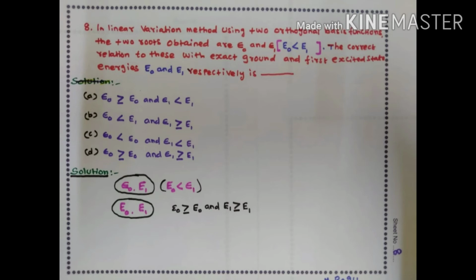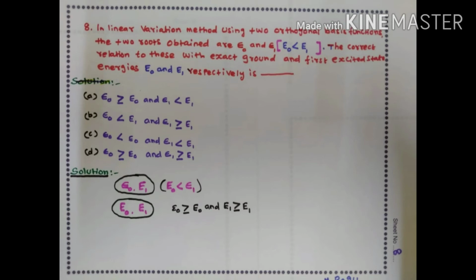This question is based on quantum mechanics, the approximation methods. There are two types of method, variation method and perturbation method. This question is the variation method. Orthogonal means the overlap is equal to 0, and normalization is equal to 1. So the answer is option D, E0 less than E0 and E1 less than E1.